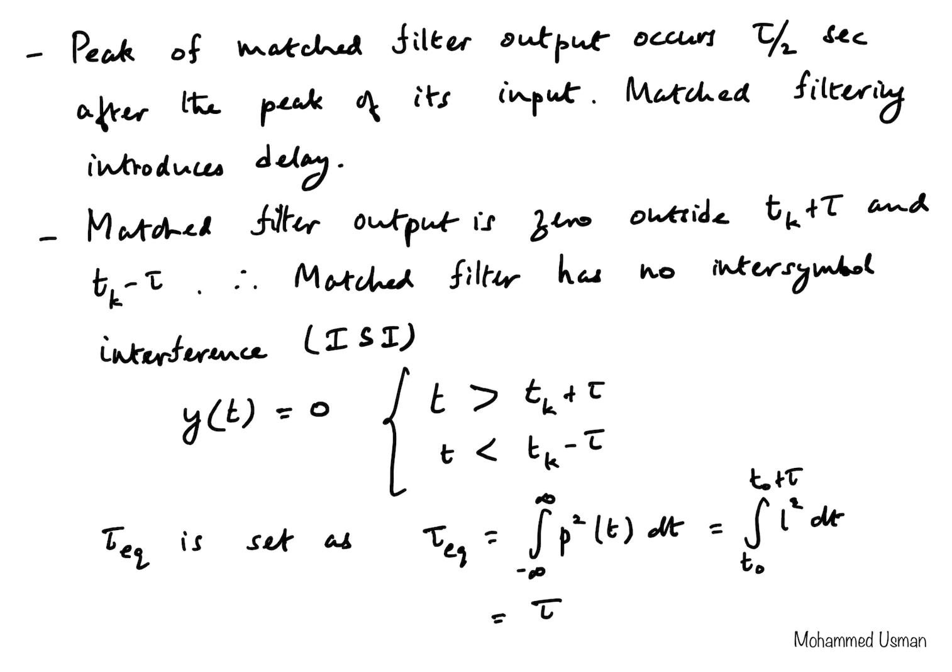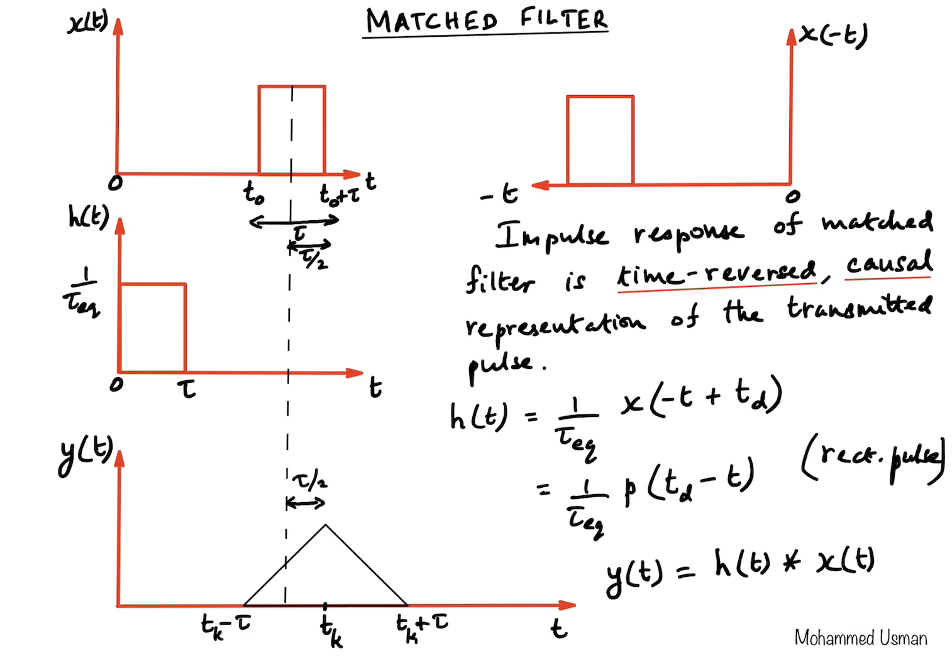So 1 by tau equivalent is nothing but 1 by tau, because tau equivalent is equal to tau. The area of this impulse response is going to be tau into 1 by tau, which is equal to 1. The reason why we set it this way is that we want to normalize the impulse response.